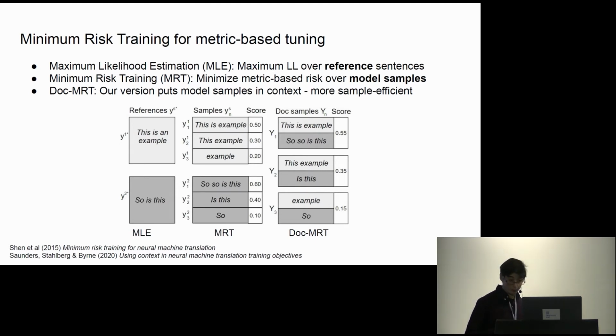You don't throw away the reference, you use it in the metric, but if there is a problem with reference sentences, like in the overfitting example I gave, it allows you to rely more on the model distribution. We actually developed a variation on minimum risk training that puts the model samples in the context of other similar model samples. We found this was more sample efficient.